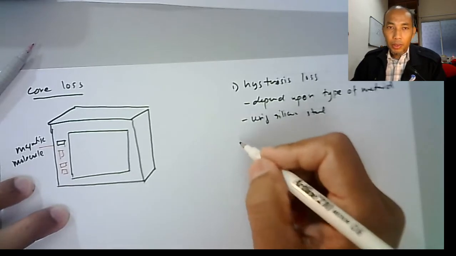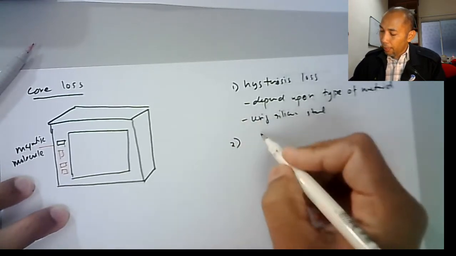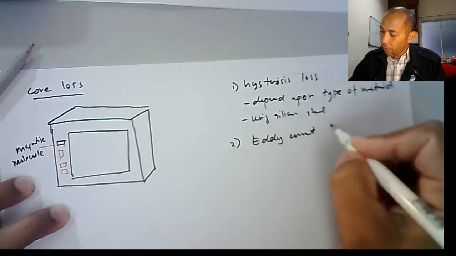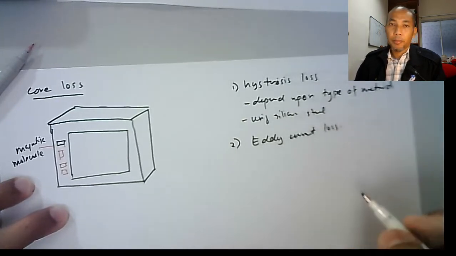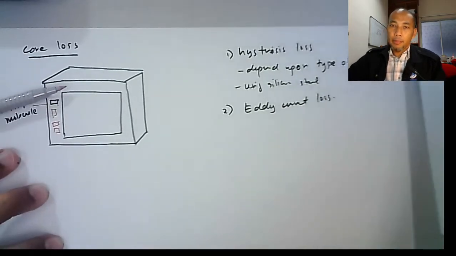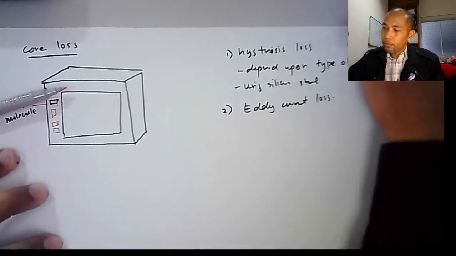The second type of loss is eddy current loss.